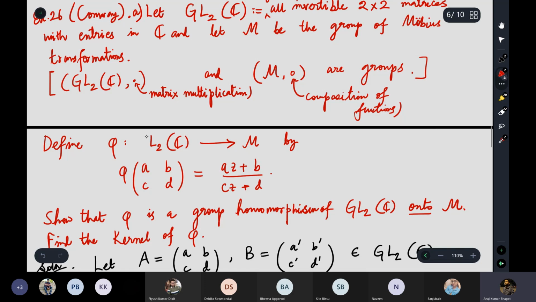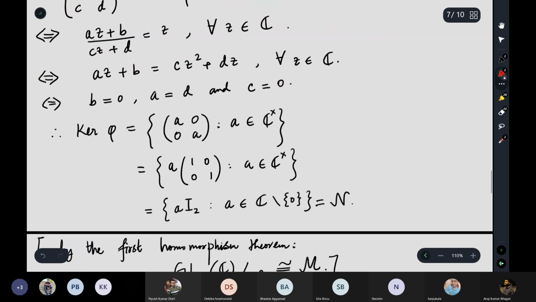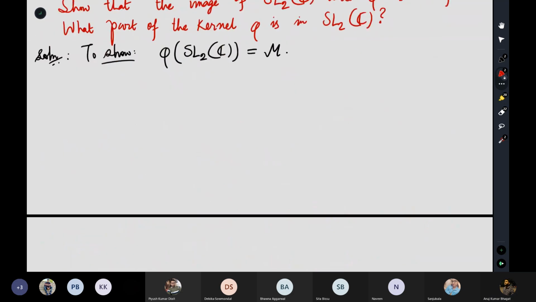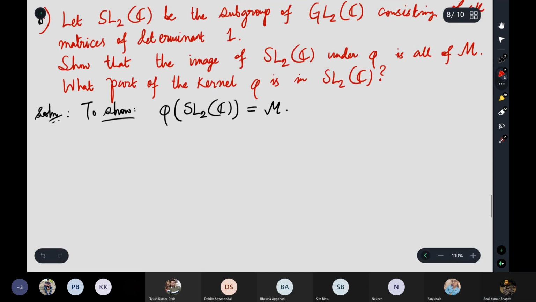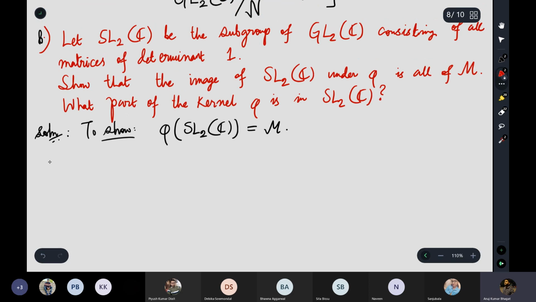So how can you guarantee that? Can you tell me how to do it? See, the idea is very simple. Let A equal to (A, B, C, D) in GL2C.